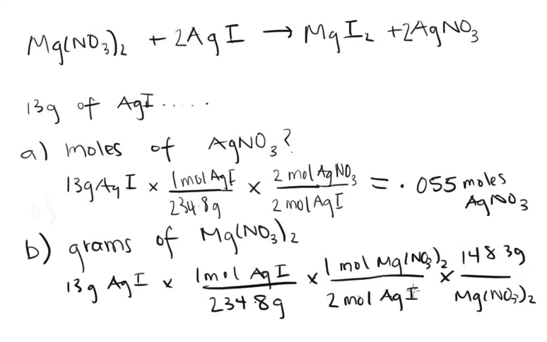So let's multiply all this out. We get 13 times 148.3, and we divide this by 234.8, and divide that by 2 again, and we get about 4.11 grams of magnesium nitrate. So this is our ending answer.